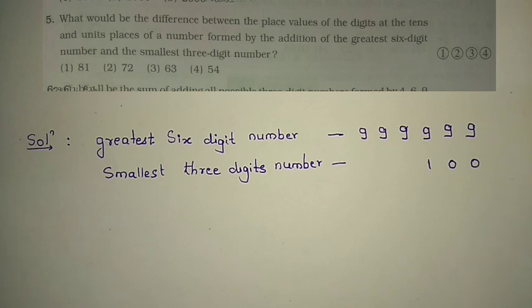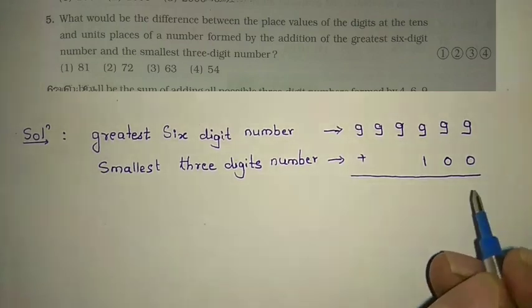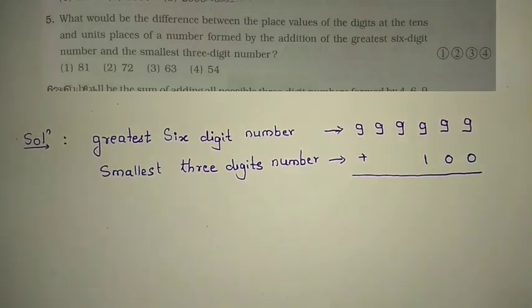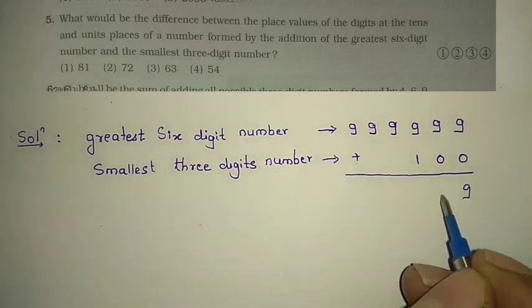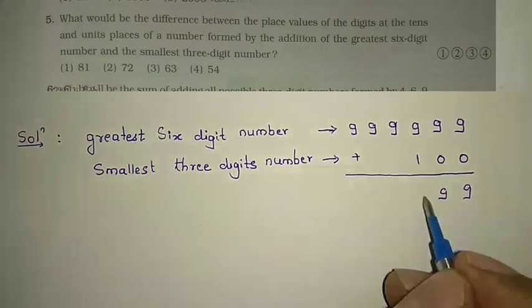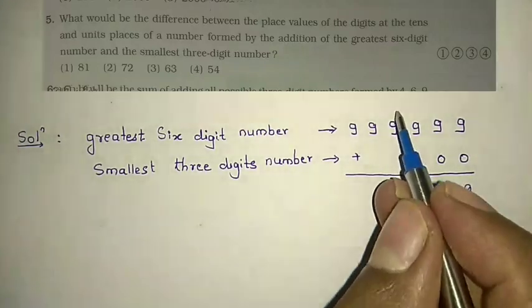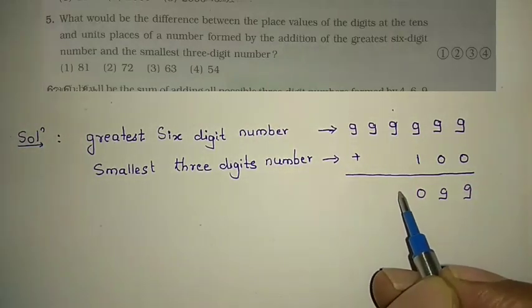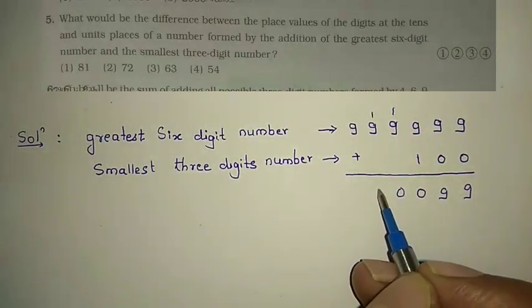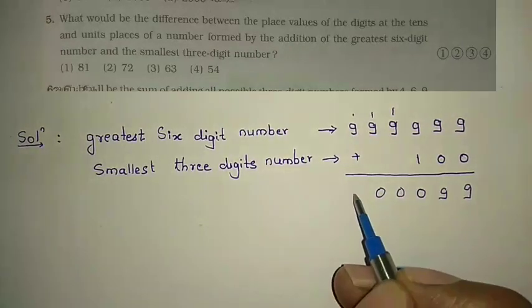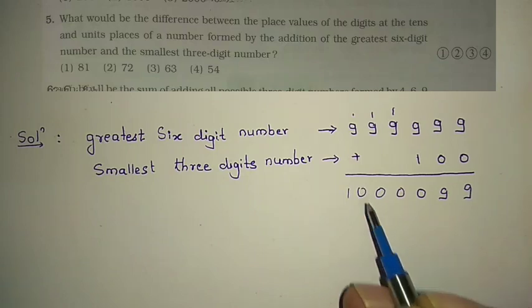So first we have to add these two numbers. 9 plus 1 will become 10, 1 carry, again 10, again 1 carry, again 10, then 1 carry, so it will become 10 now.